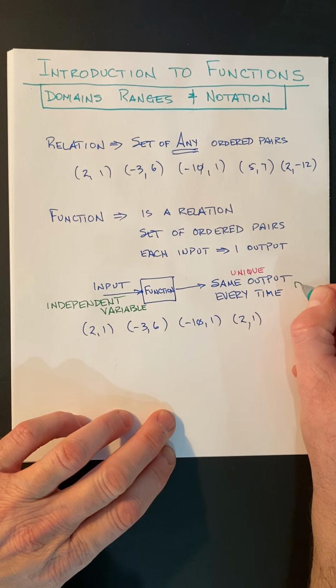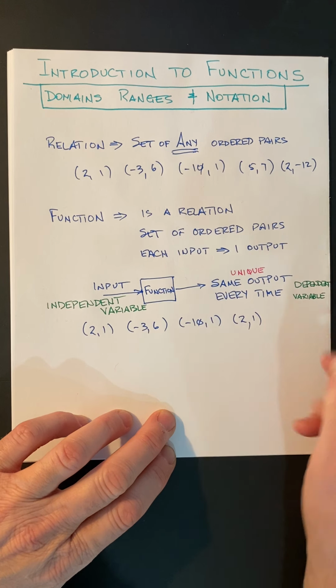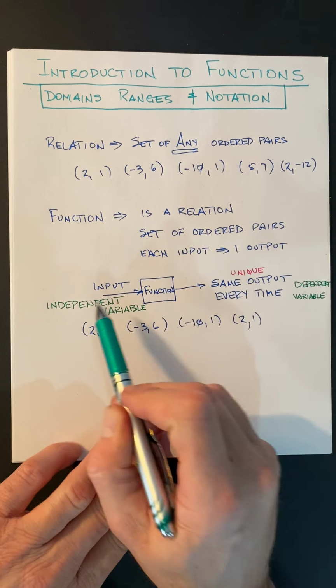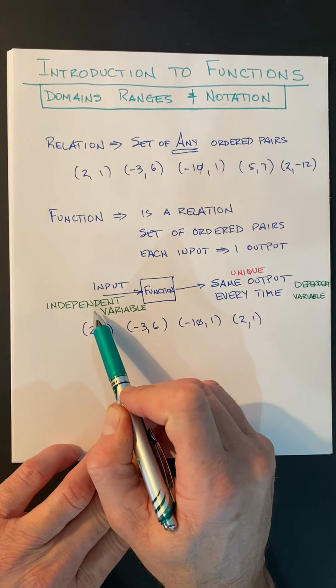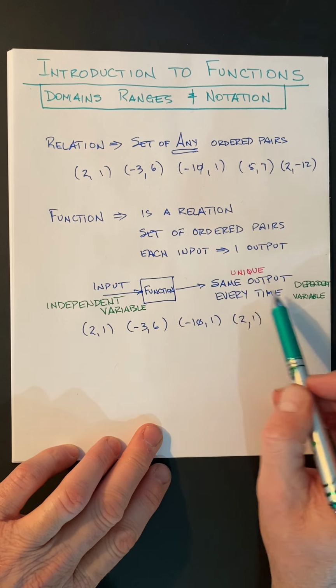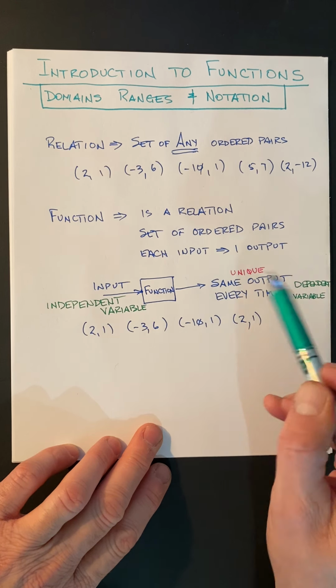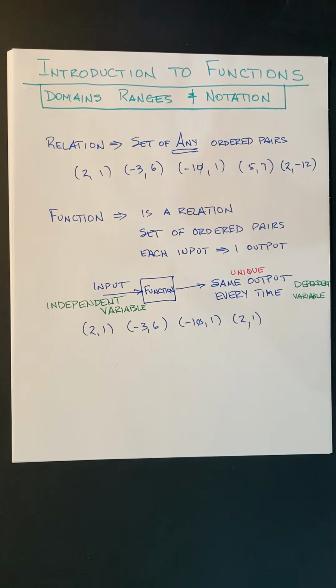What comes out is the dependent variable, and it's dependent because this output depends on this input, okay? So input independent, output dependent, and it's dependent because it depends upon what is going in, okay?